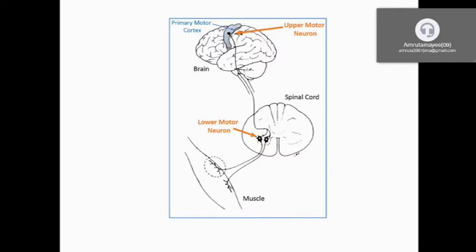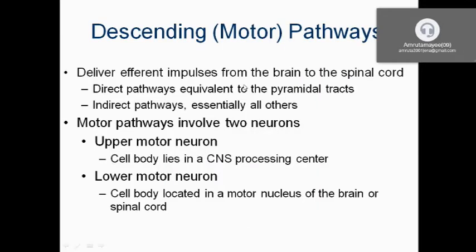The upper motor neurons arise from different motor cortical regions or different neurons in the cortex, and the same with the interneurons, and from these there will be lower motor neurons. So basically it has two types of neuron, upper motor neuron and lower motor neuron.